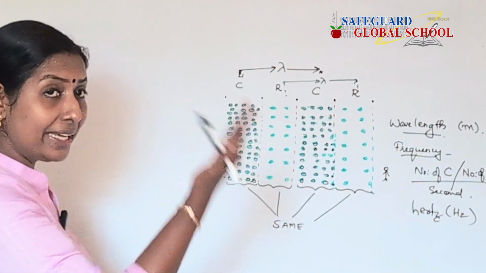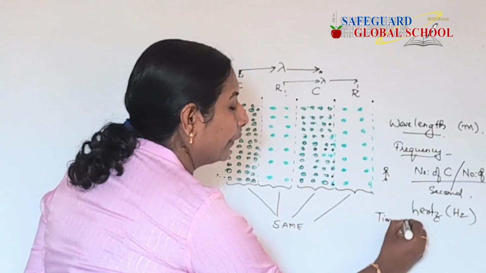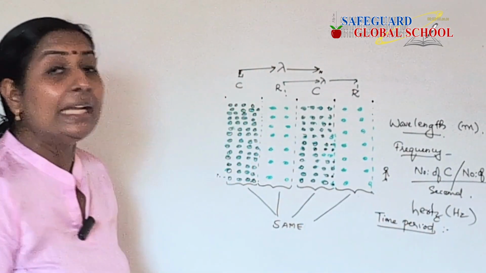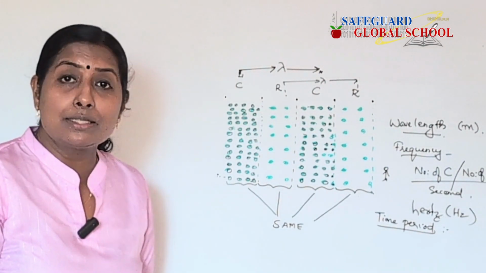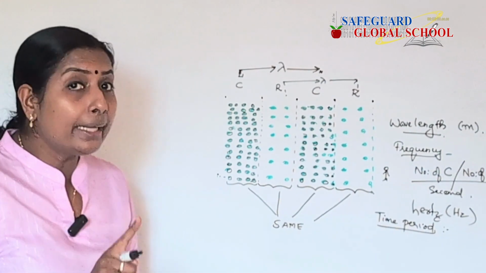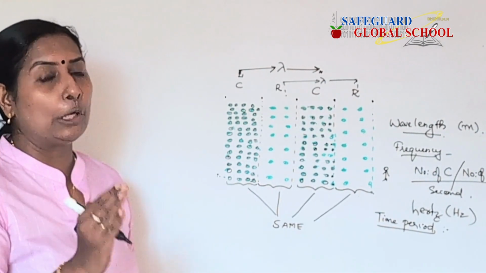Then the next topic is the time period of a sound wave. What do you mean by time period? Time period is defined as the time taken by one compression and one rarefaction to cross a particular point.